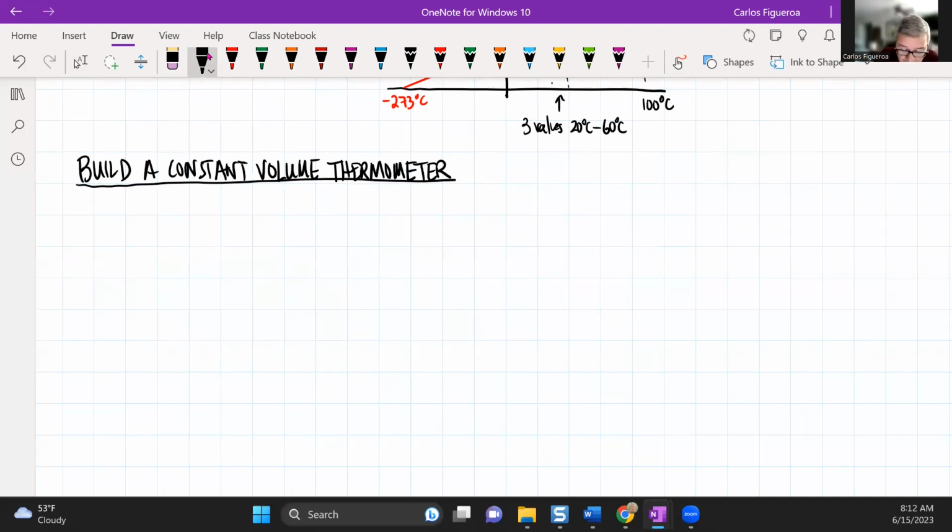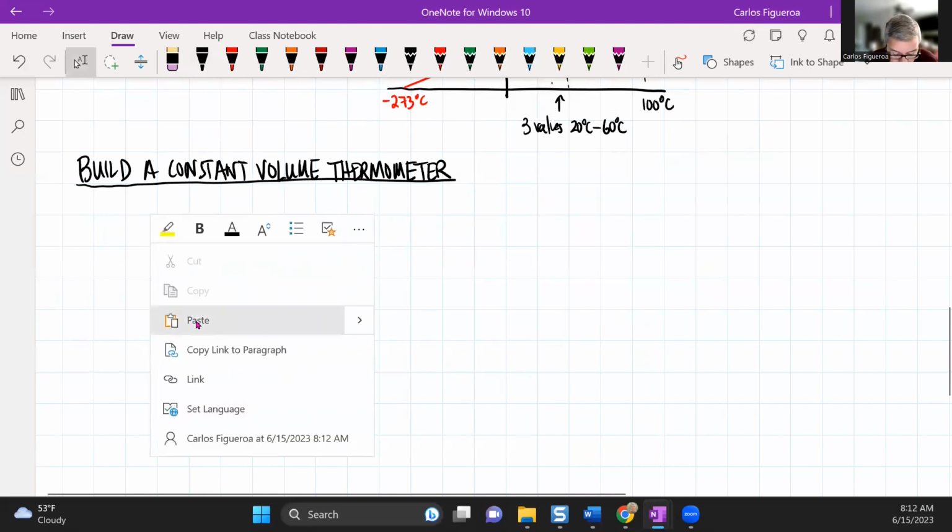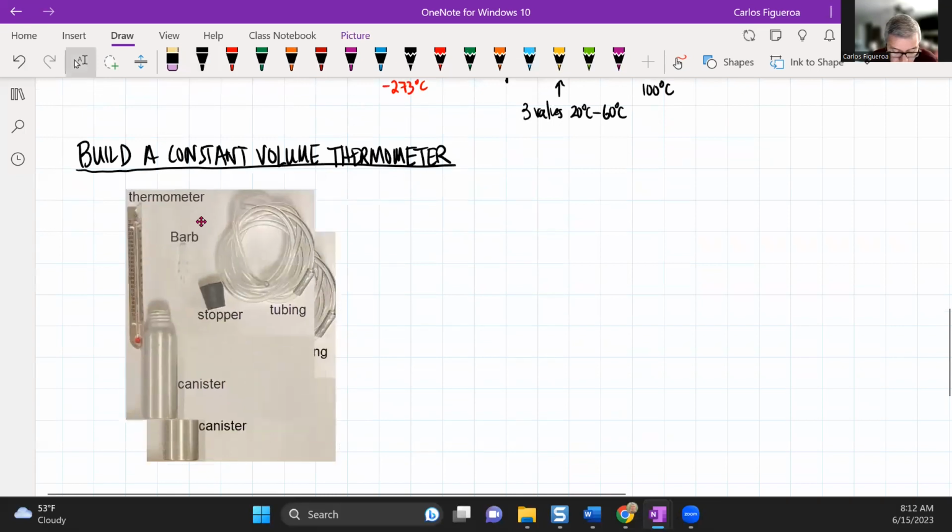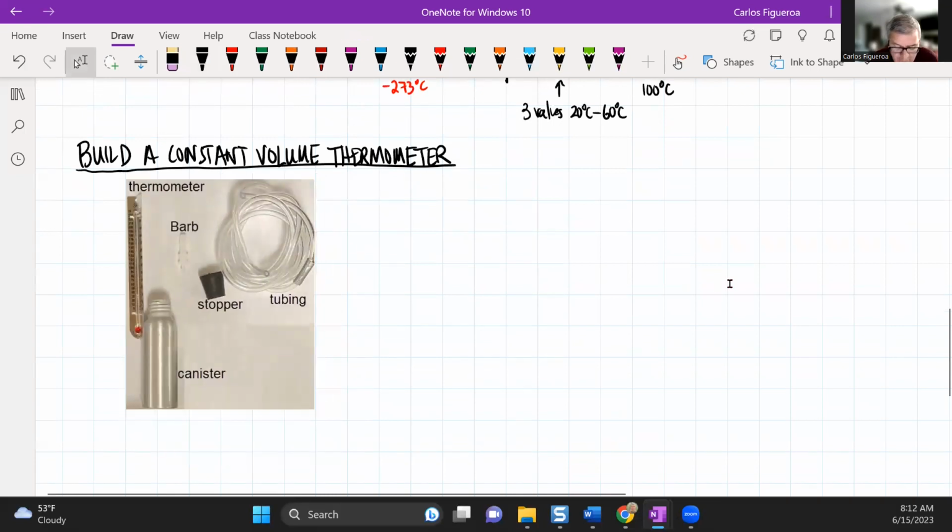So what you're going to have to do here is that we're going to take the stuff from your lab kit, and here's really the bulk of what you need for the lab. There's some other things, but not very much. Of course, we have a thermometer. We have a little metal canister. We have a white plastic barb that has a thin and thick opening. We have a stopper, and we have tubing. So this is all in your lab kit right here.